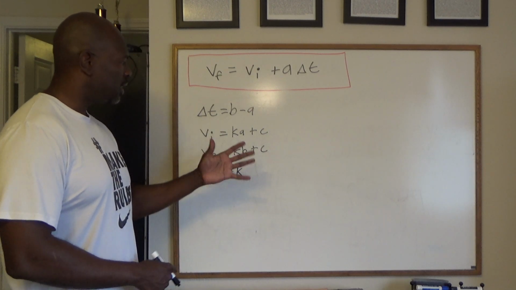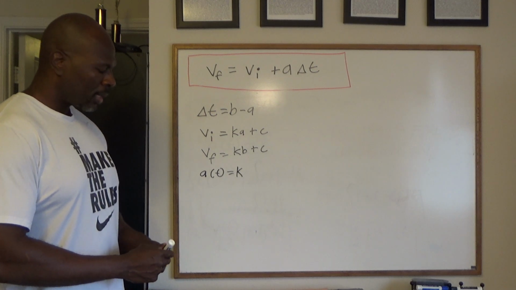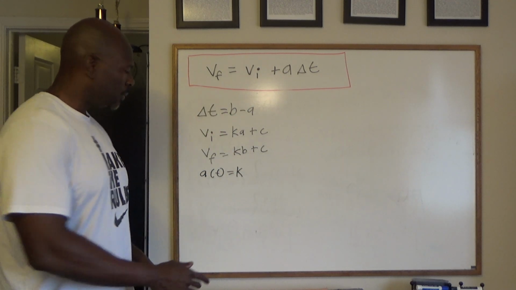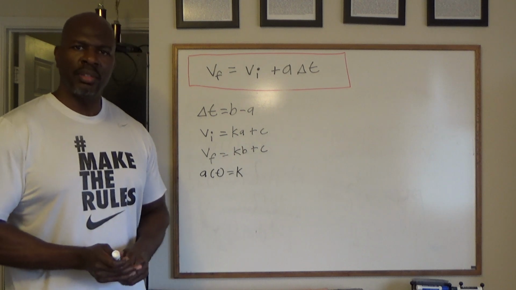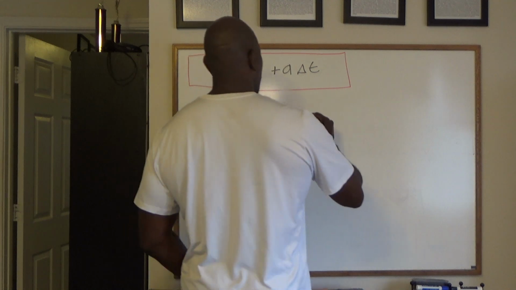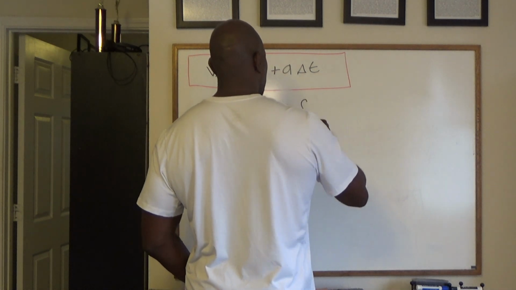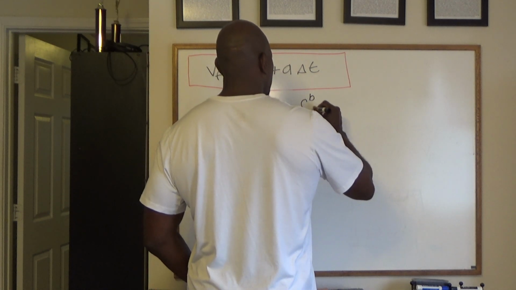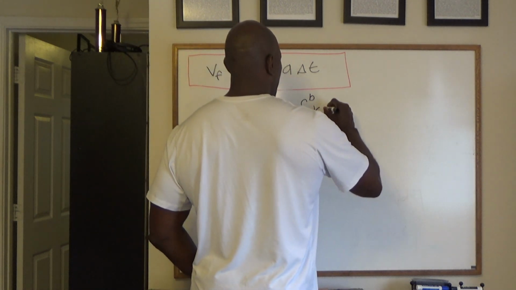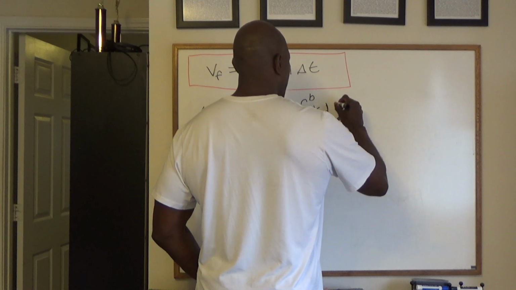Now this one is pretty simple to do. To derive this particular formula, I'm going to integrate the acceleration function from a to b. So I'm going to take the integral from a to b of a of t, which is k, with respect to time.